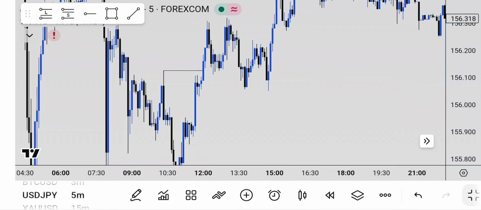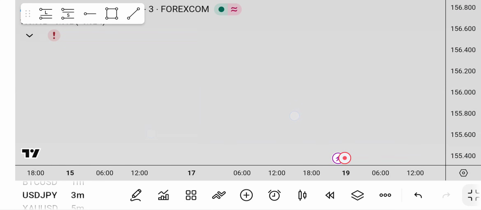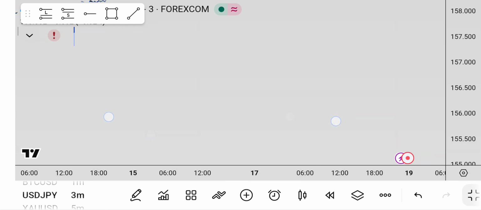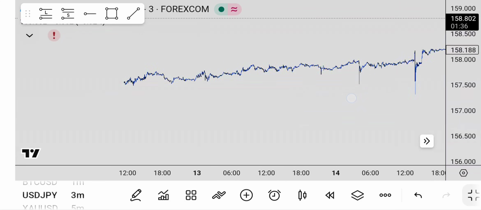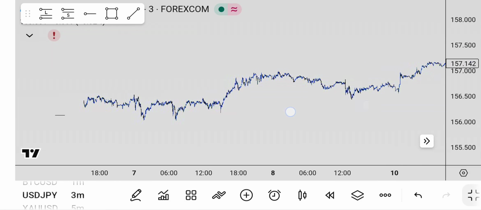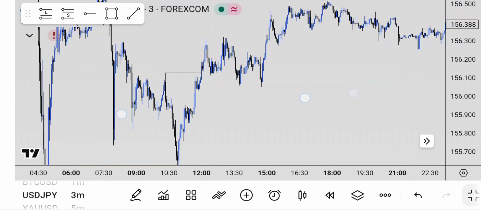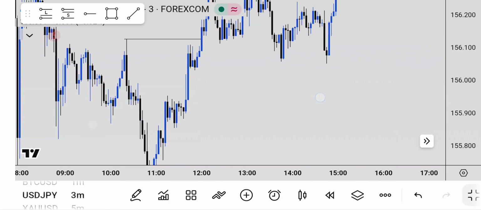So now I move to the 3 minutes time frame. Mind you, I don't really trade lower time frames. It's only where I can't find anything clear on the bigger time frame, like the 1 hour, that makes me go so low to the 3 minutes time frame. So now this is the 3 minutes time frame.